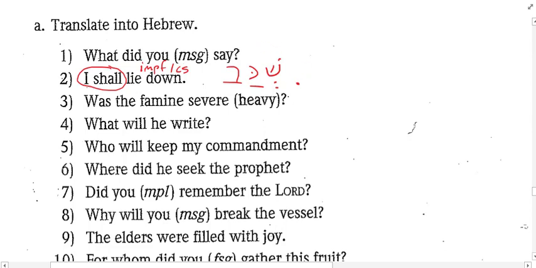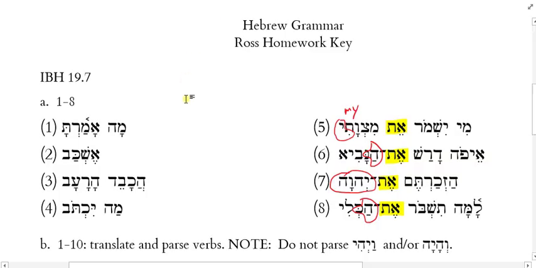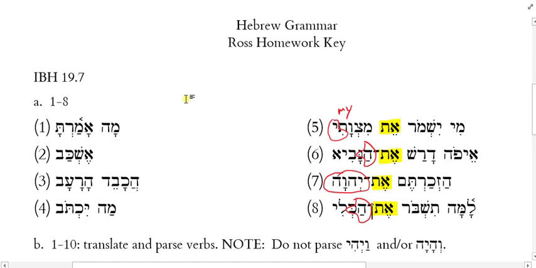What happens to the yod? It becomes Aleph. What happens to the hiriq? What's Aleph's preference here? That's right. Aleph prefers the segol. So I shall lie down is Eshkav. And so that is what we should have here. And we do. So, is there anything else you need to know about that?